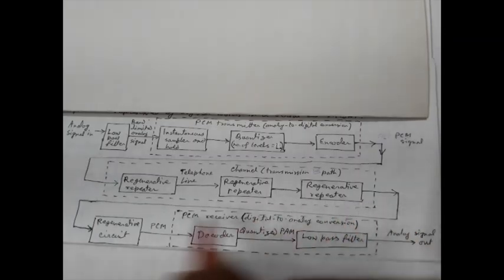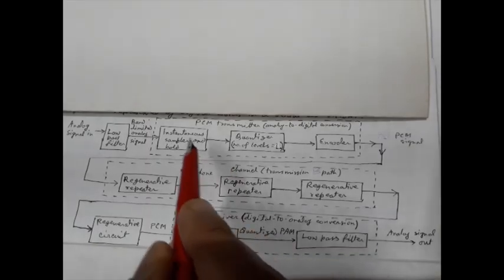After passing a long distance of channel, we have the PCM receiver. PCM receiver block consists of two functional blocks. One is the decoder and another is the low pass filter.